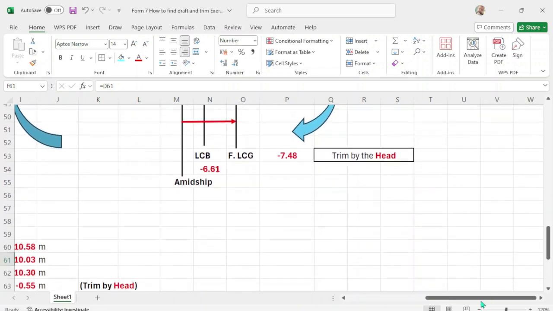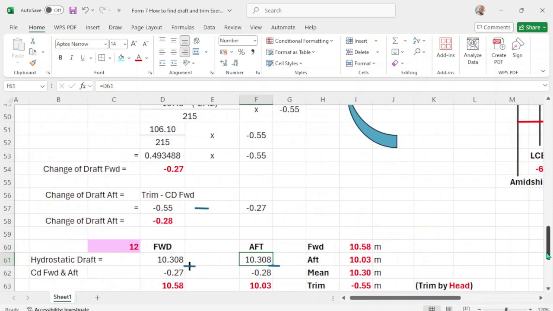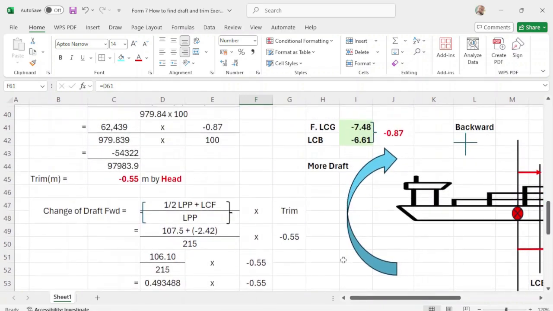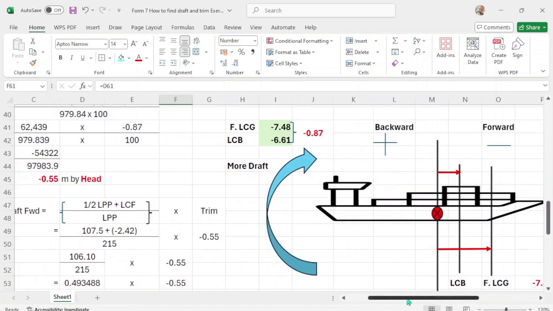Now, that's why the value of trim here is negative 0.55, because you are trimmed by the head. That's why it's negative. Negative because you are somewhere around here in the negative forward part of the vessel. Okay?